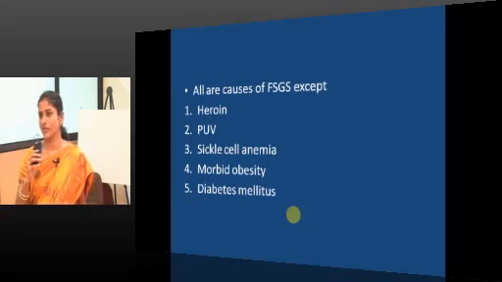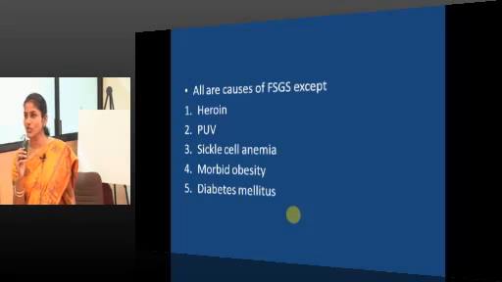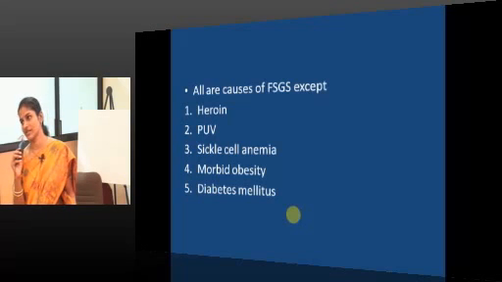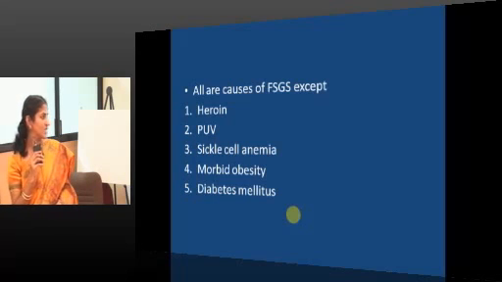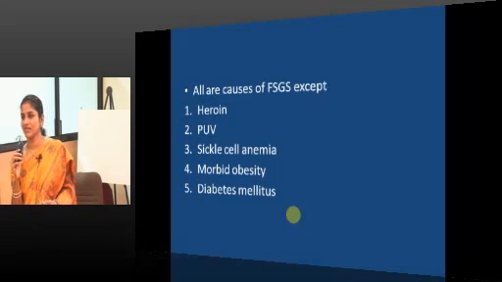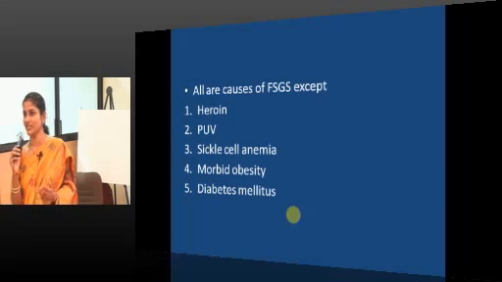So, all are causes of FSGS except, is heroin a cause of FSGS? Yes. Posterior urethral valve causing reflux. Is reflux a cause of FSGS? Of course, yes. Sickle cell anemia? A mass hero fell sick due to HIV, retired.